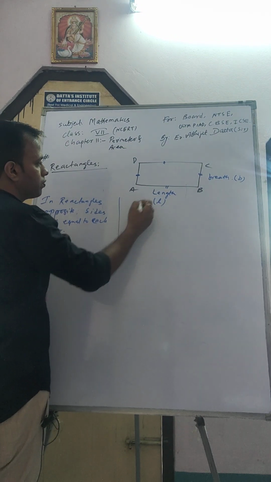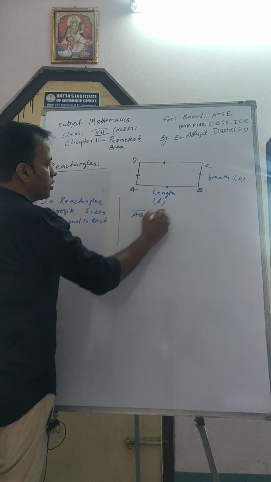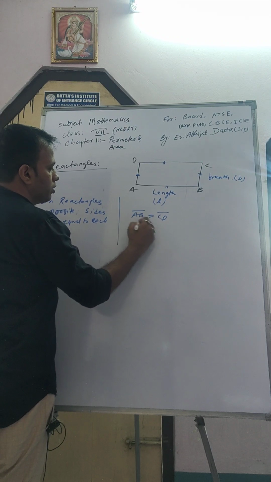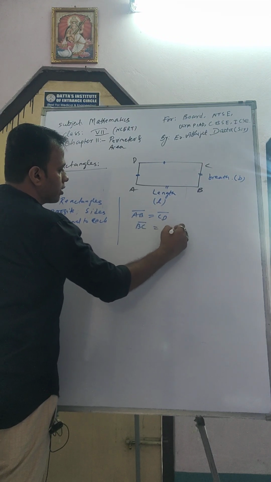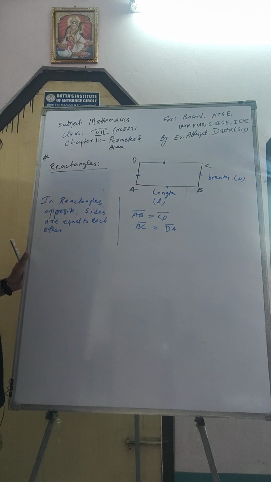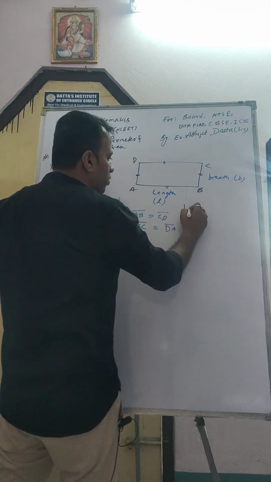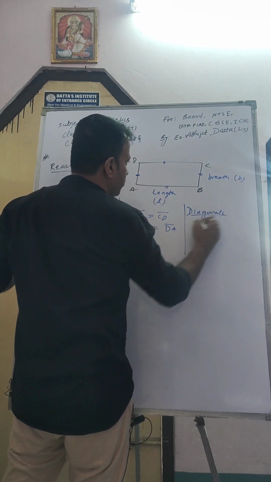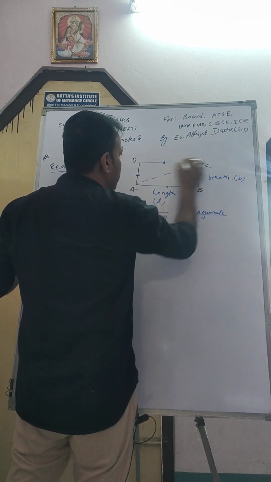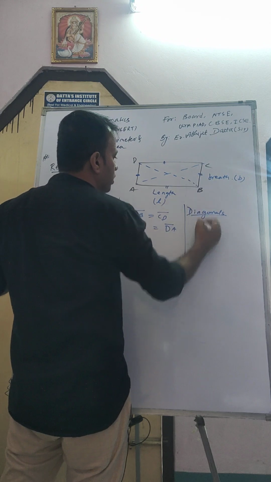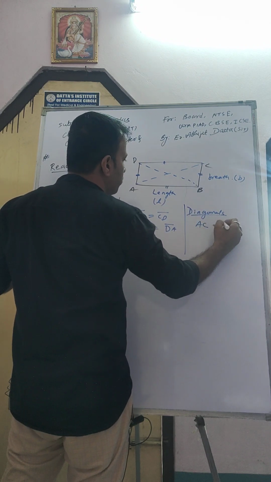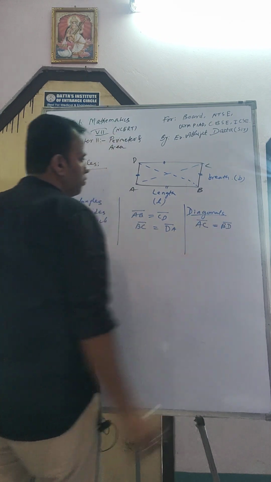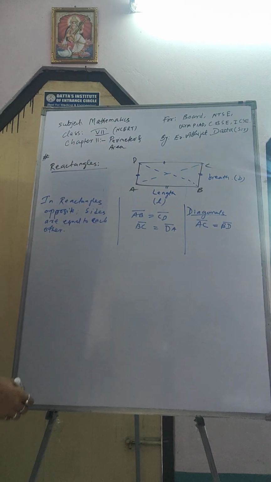Here side AB equal to side CD, and side BC will be equal to DA, opposite sides are equal. And this one is diagonal AC and this one is diagonal BD, so diagonal AC is always equal to BD.